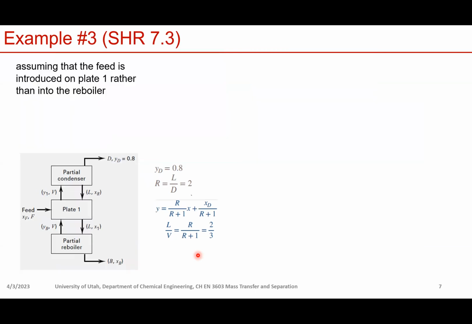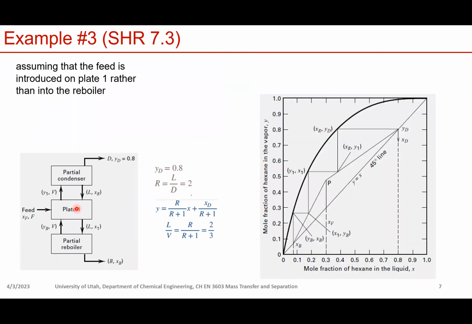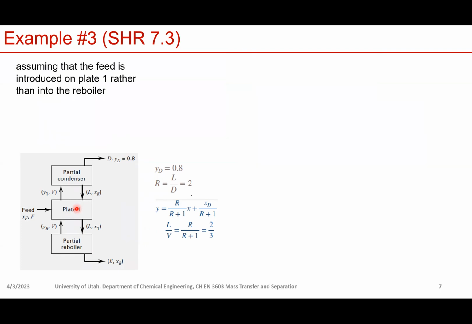So what if instead of feeding into the partial reboiler, we feed into plate 1, right? How is that going to change the way we solve this problem? So in this case, if we feed into plate 1, then we will have a stripping section under plate 1.